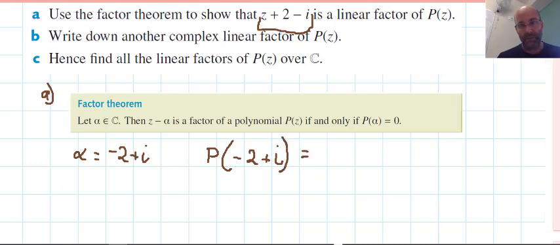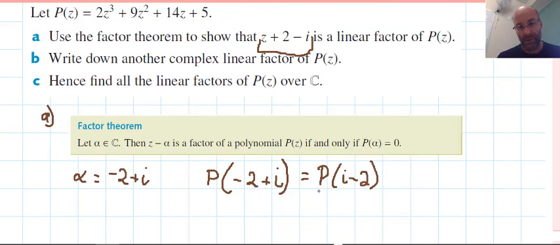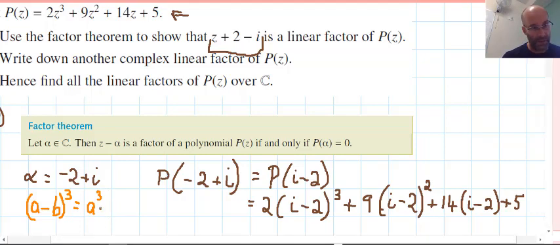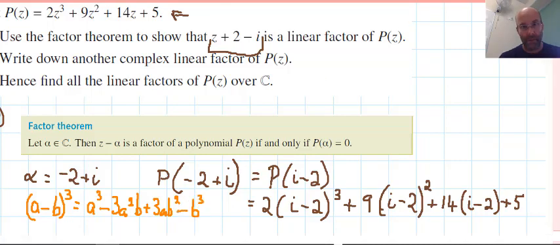So let's do that. I find it a little bit nicer to write it as p of i minus 2, by the way. We've got the given polynomial up there, p of z. Making the required substitution, we get the following there. Now, from Pascal's triangle or otherwise, or memorize, the a minus b all cubed expansion is, in general, a cubed minus 3a squared b plus 3a b squared, and lastly minus b cubed.